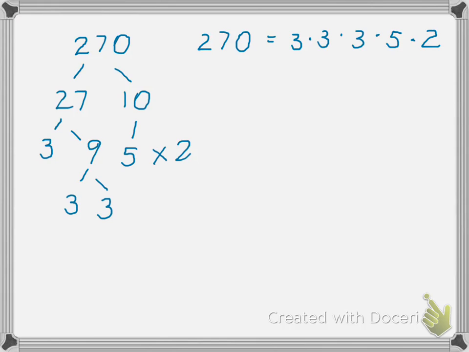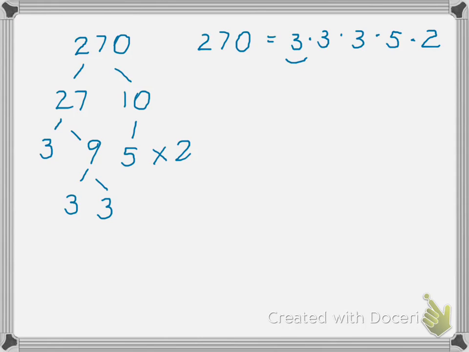Okay? Now I want to find pairs of factors. But now that I see all of the base factors, the foundational prime factors, I can easily find all of the possible pairs of factors. So you want to find all combinations.